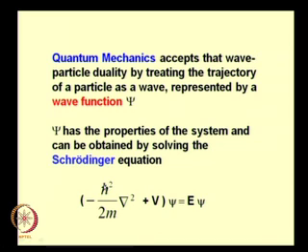So minus h bar squared by 2m, del squared is the operator, this is the potential energy of the system V, this is the wave function psi, and this is equal to E times psi.